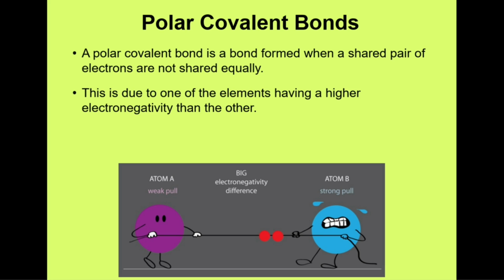So fluorine is the most electronegative atom, but oxygen is also incredibly electronegative, so it exerts a very strong pull. In fact, oxygen is much more electronegative than hydrogen. So when you get a covalent bond between oxygen and hydrogen, the shared electrons sit much closer to the oxygen atom than they do the hydrogen.